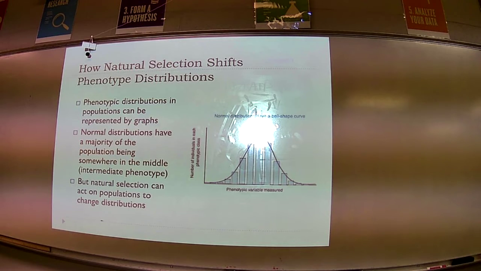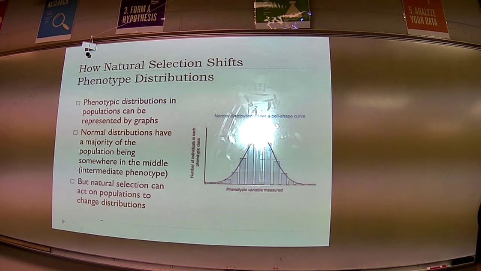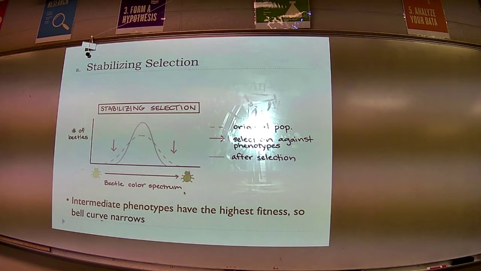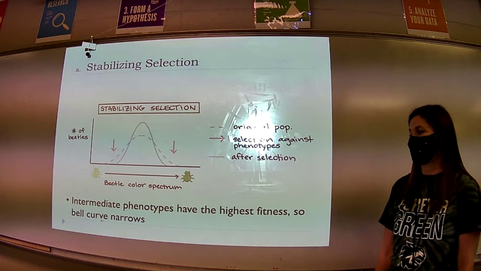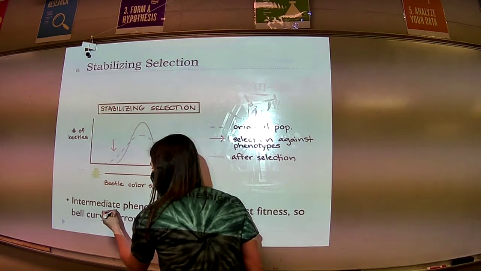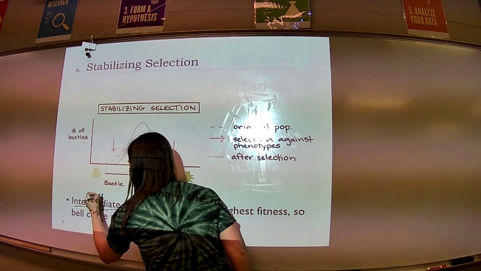Natural selection can act on these populations and on these physical traits to shift them. The first one we're going to talk about is stabilizing selection. In stabilizing selection, another word for intermediate would be middle.